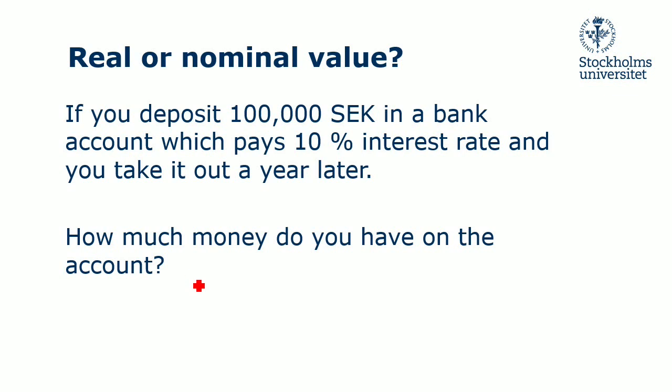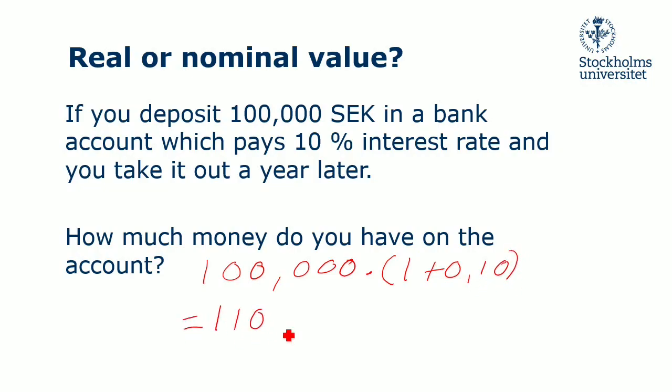We take the money that we put in, 100,000, and we multiply it by 1 plus the interest rate, 10%. And we see that after 1 year, we have 110,000 SEK in the account. And we withdraw it, and now we have 110,000 money in our hands.